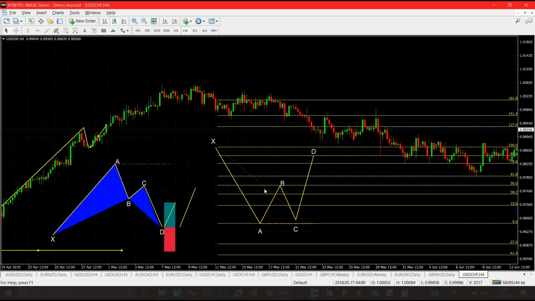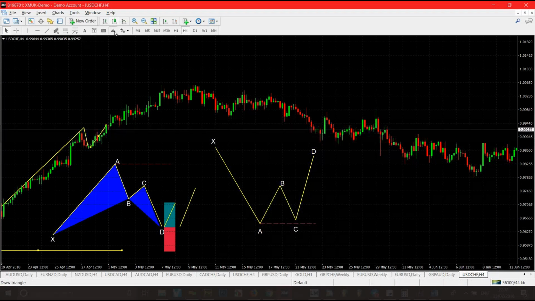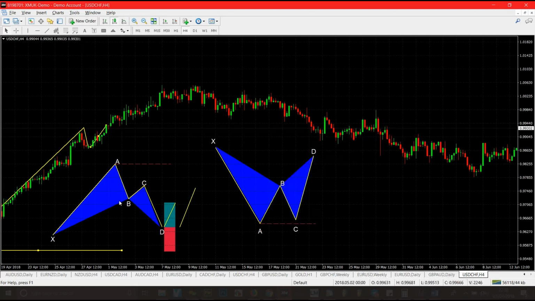So delete this so that we can draw that and fill that up. So we have that, and then we have that. Again, we have that, and then we have that. So they look different. Why do they look different?